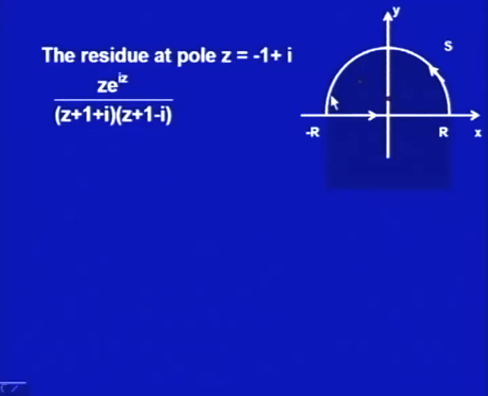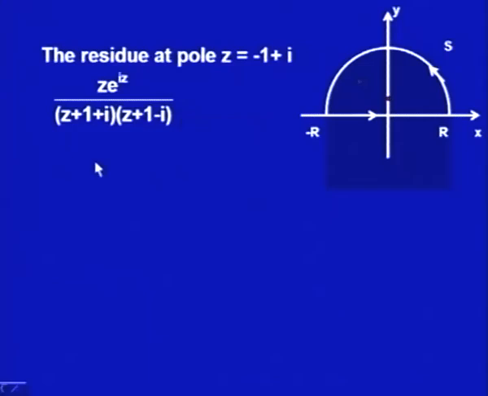So let us see what my function is. My function is z e to the power iz upon (z plus 1 plus i) into (z plus 1 minus i). First, we are going to calculate the residue at the pole minus 1 plus i.